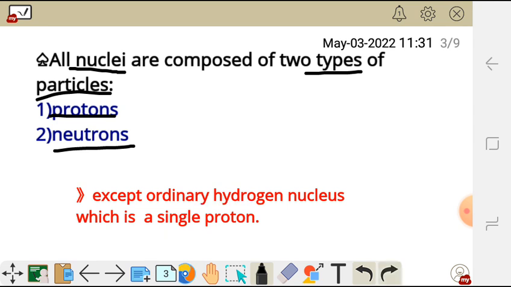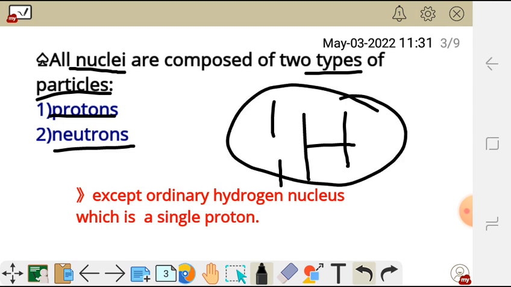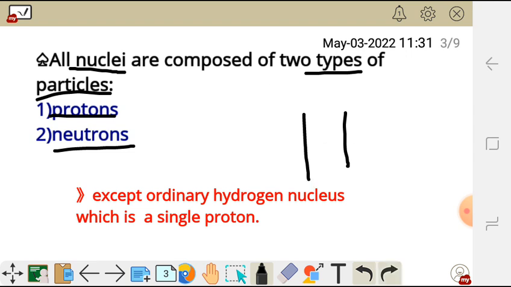So a hydrogen atom has an atomic mass of 1 and proton number of 1. It does not have a neutron. So except for an ordinary hydrogen, which has simply 1 proton in its nucleus, other nuclei have protons and neutrons in the nucleus.